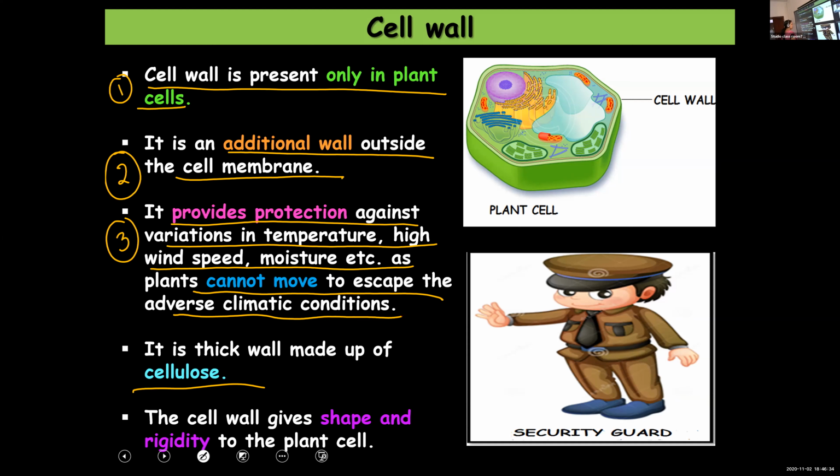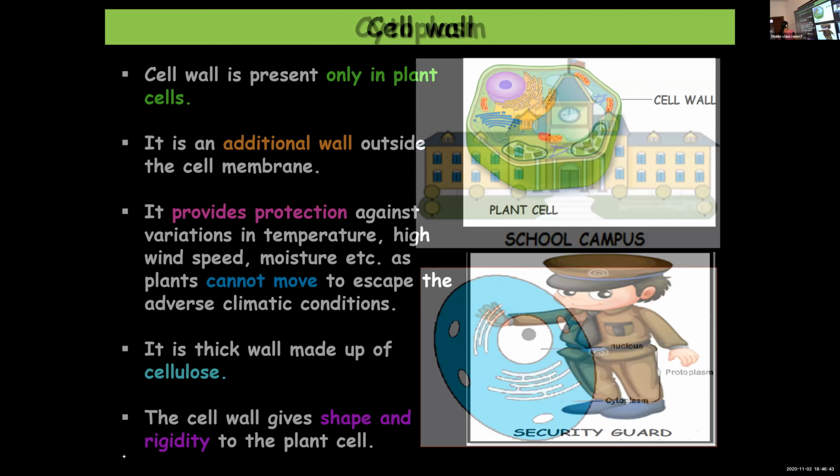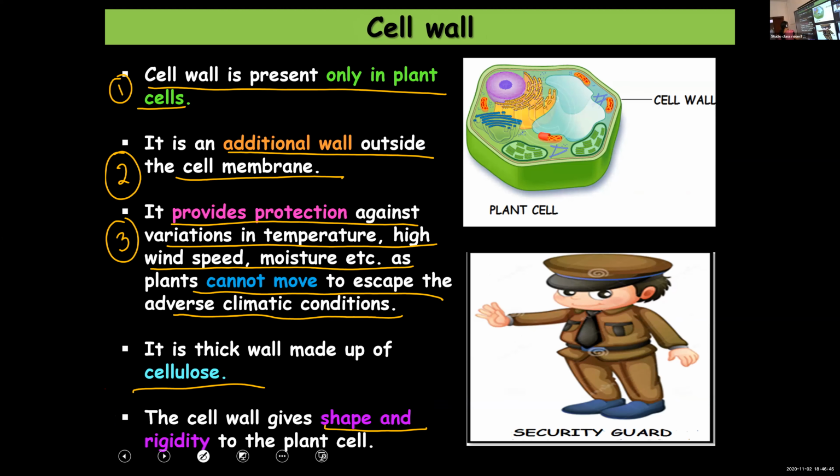It also gives shape and rigidity to the plant cell. And last point, it is thick and it is made of a carbohydrate known as cellulose.